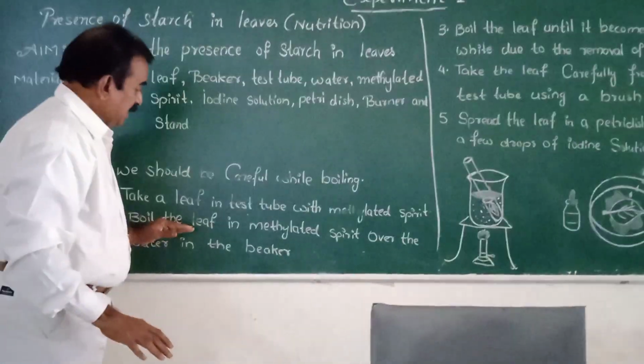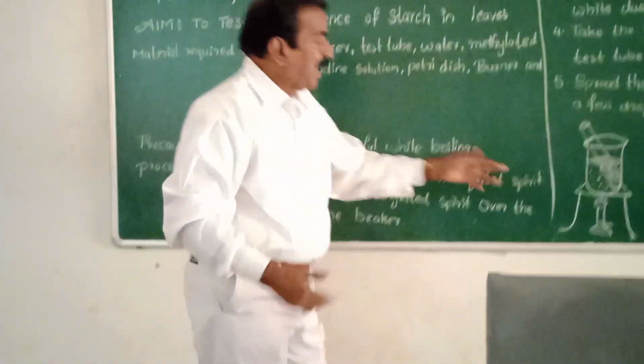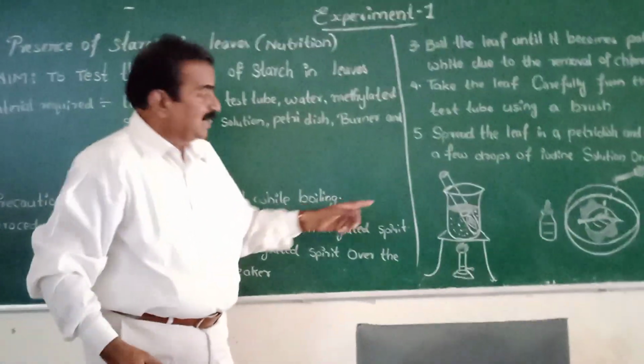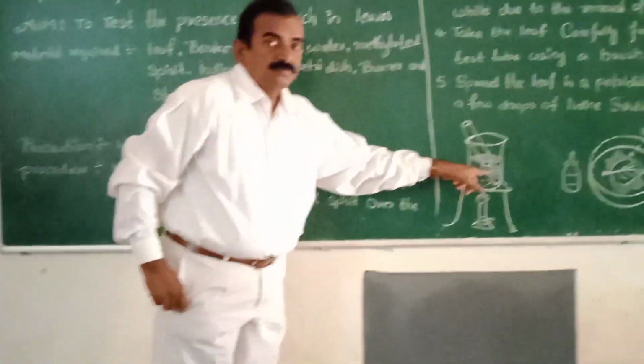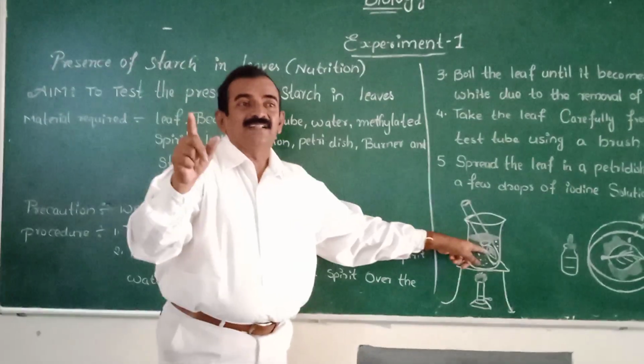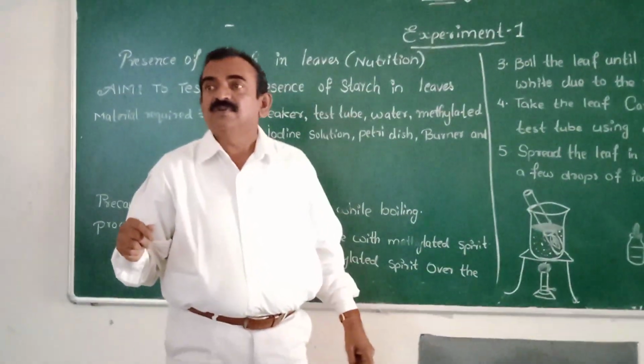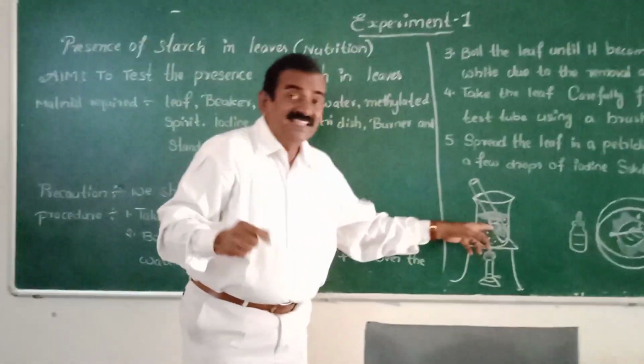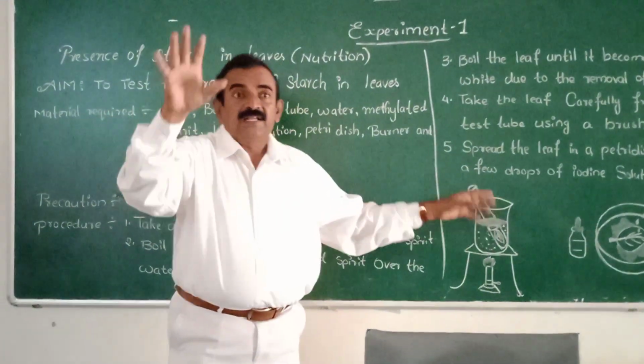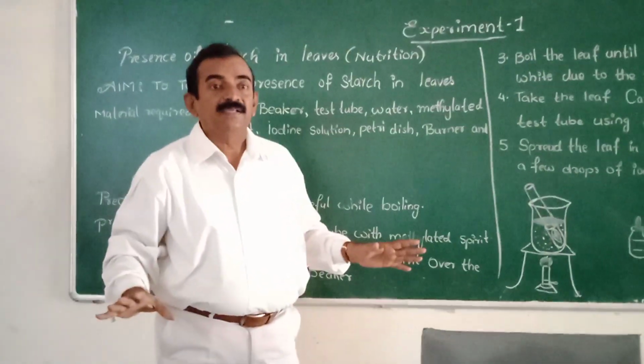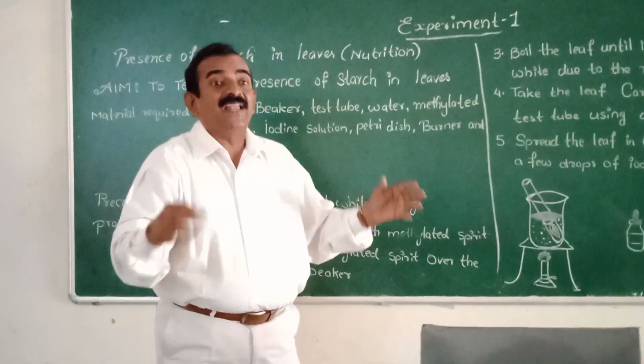Next you see, when we boil the water, what will happen? The leaf loses its color. The color of the leaf is green. In the methylated spirit, after boiling, the leaf becomes pale or white.